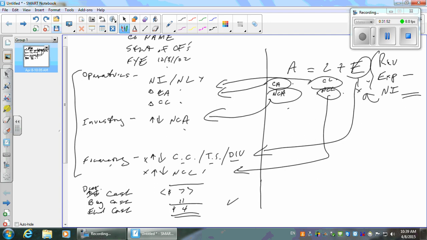Now let's talk a little bit more about current assets and current liabilities. Here's what you pretend. If a current asset other than cash goes up, you must have bought it with cash. If it goes down, you must have not replaced it, which would cause you to have more cash.